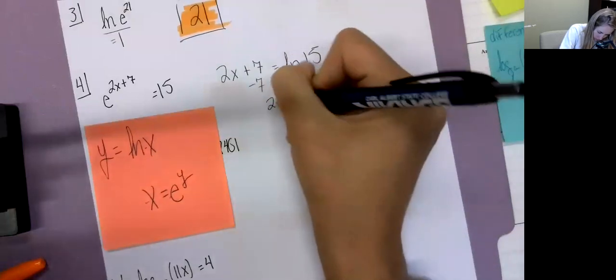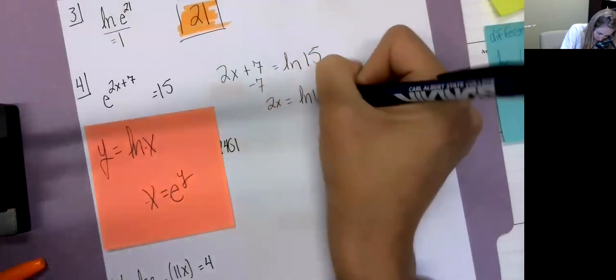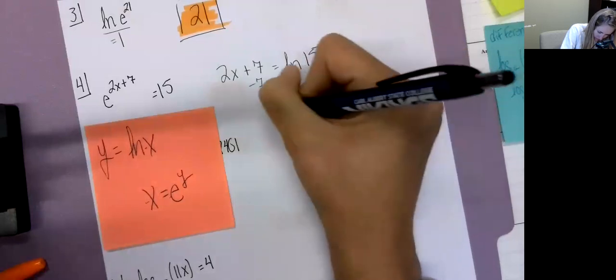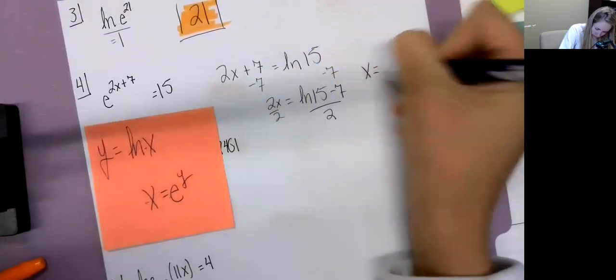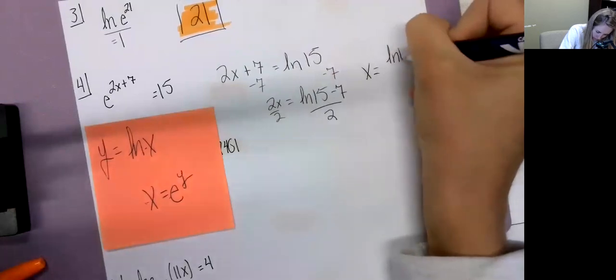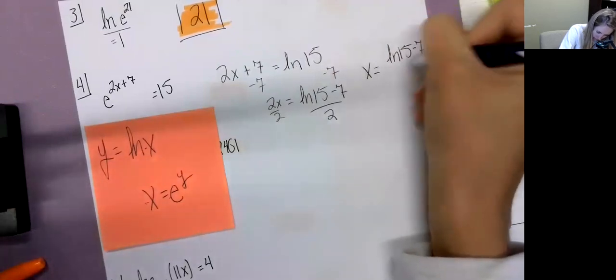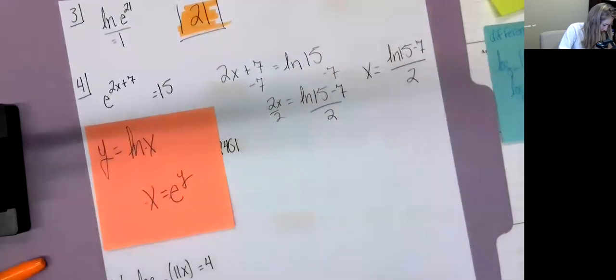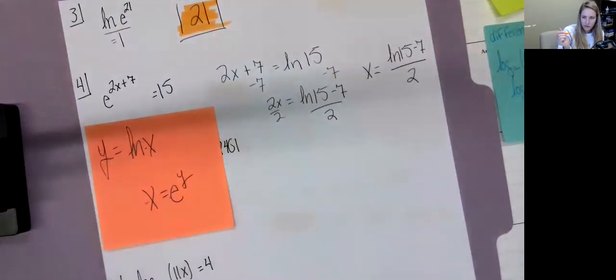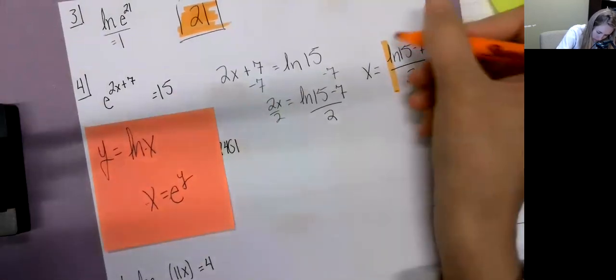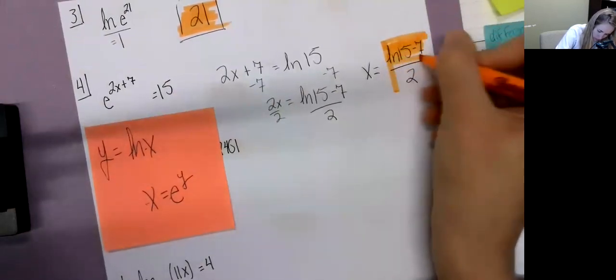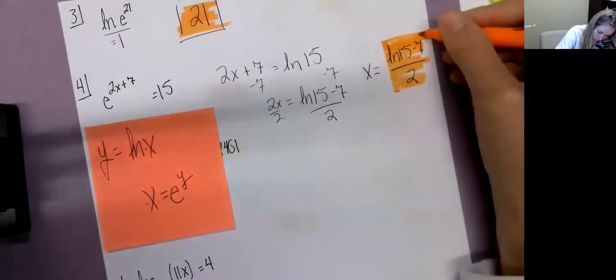So I'd have 2x equals the natural log of 15, subtract 7, divide by 2. So x equals the natural log of 15, subtract 7, divided by 2. Remember, I can't actually do 15 subtract 7 because the 7 does not have a natural log with it, and we don't actually subtract them ever.